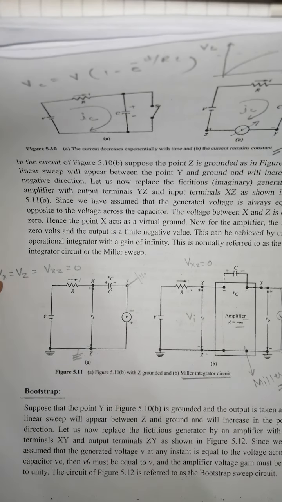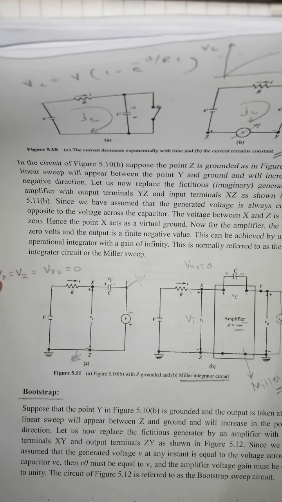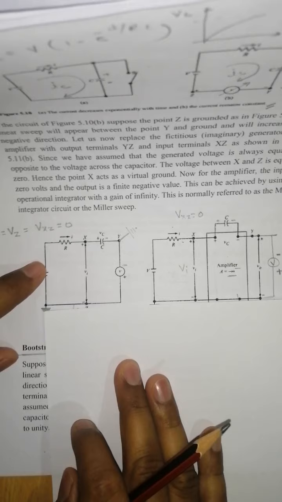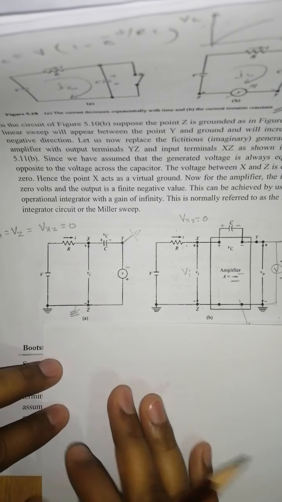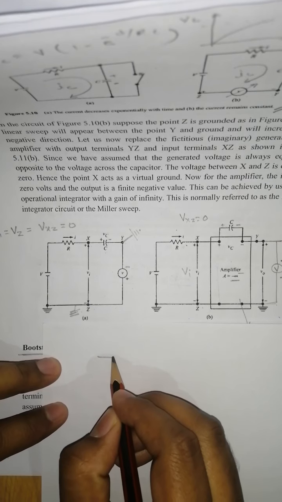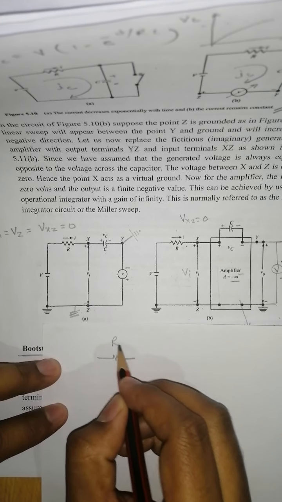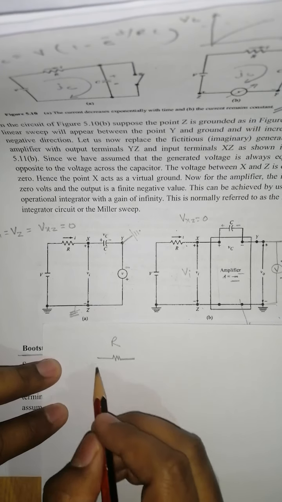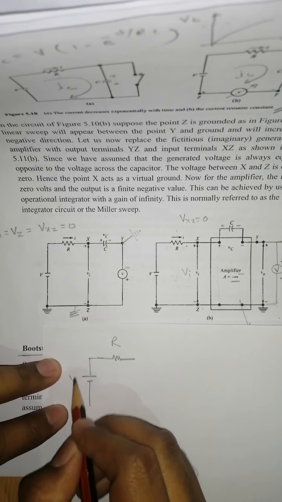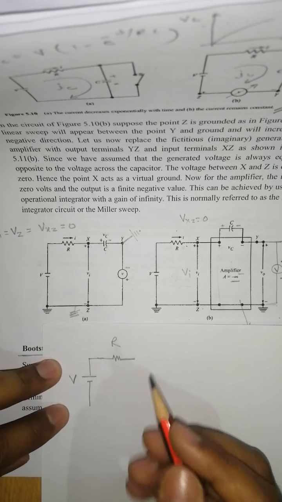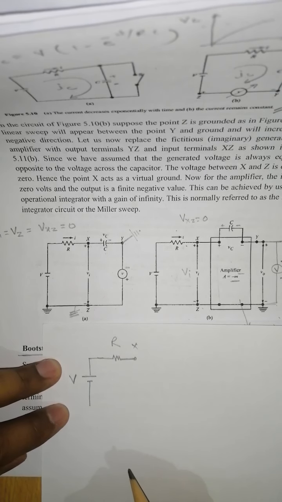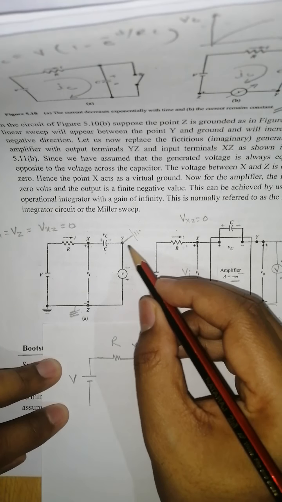So what will happen? If we try to plot this circuit, the input signal goes up to a resistance, suppose this is the resistance R, connected to the voltage V, and this point is X. Now we are taking Y as a reference.